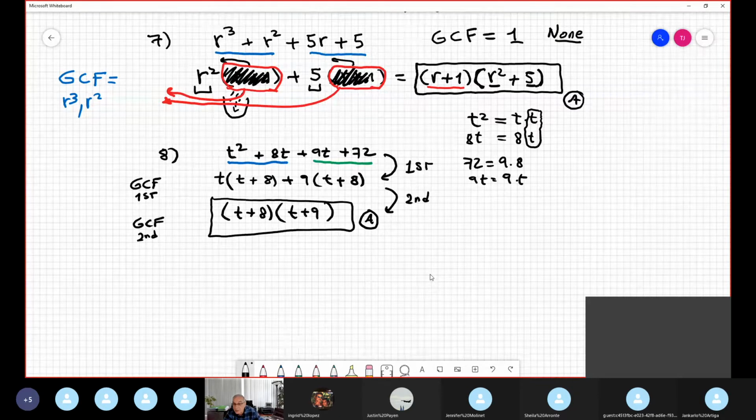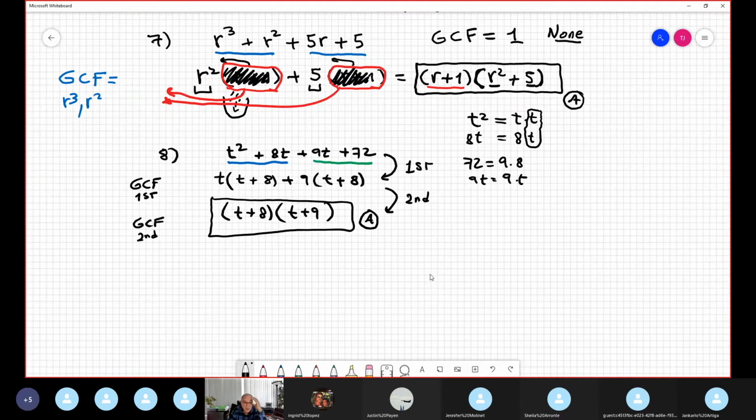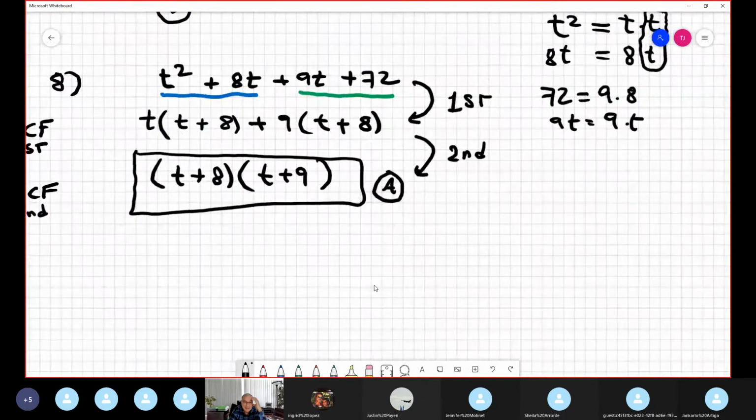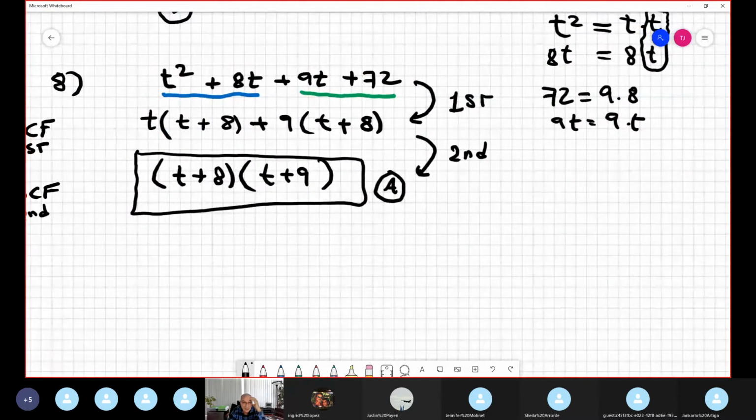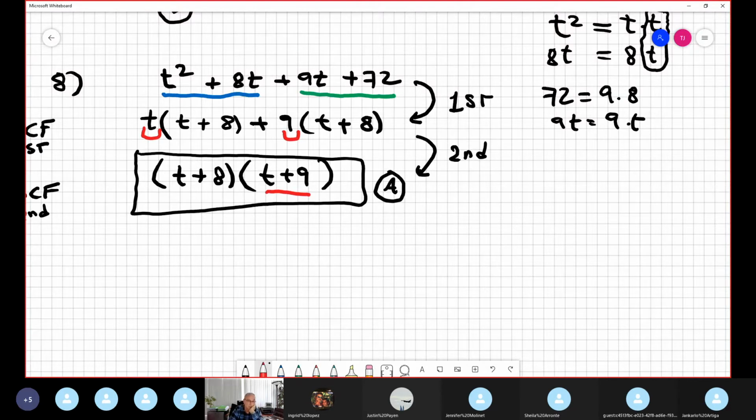Get t plus 9 because they are the outside factor. Yes, absolutely. This is the conclusion. Bianca says it's t plus 9 because this t and this 9 are the outermost factor.